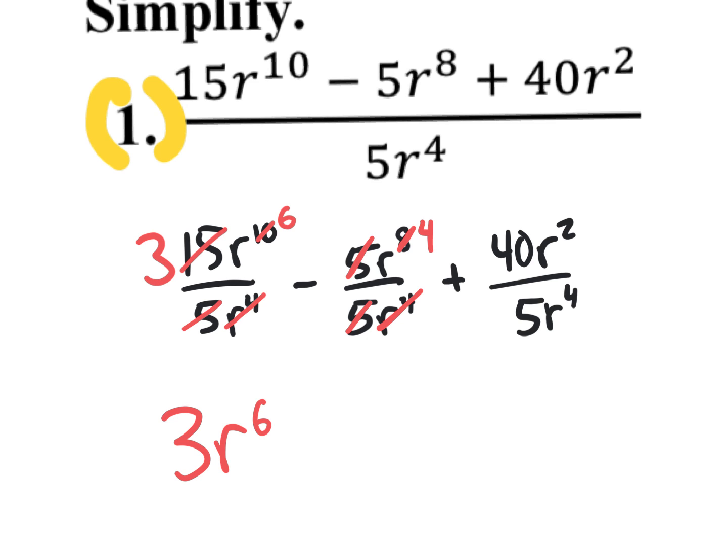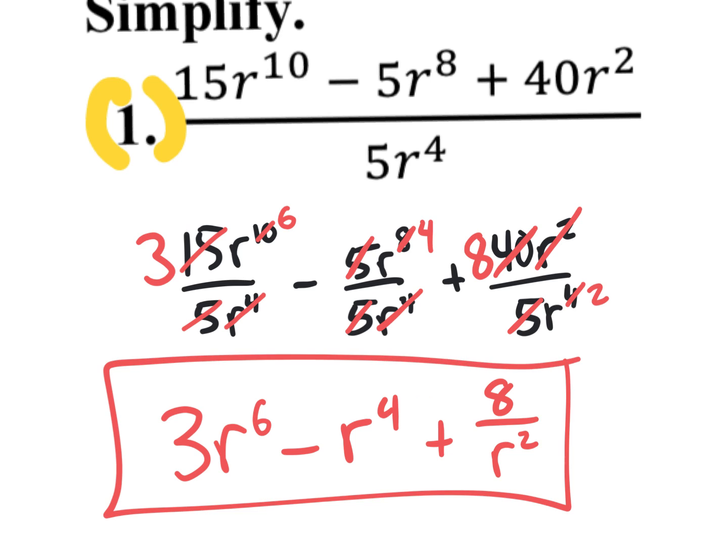There are 4 r's left up on top, so we end up with minus r to the 4th. And then the last one, the 40 and the 5. 40 divided by 5 is 8. 2 r's cancel with 2 of the 4. There are 2 left over. So on the last one, we do have a fraction, 8 up on top over r squared. There's your answer. It's a heck of a lot faster than long division.